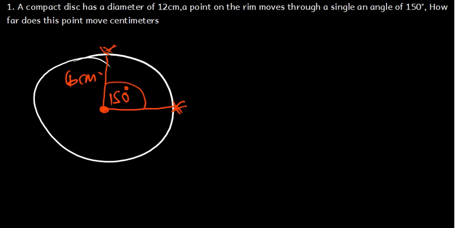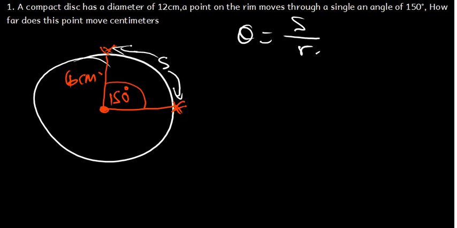Okay, so it's 6 centimeters. Our goal is to find the arc length. That's why the question says how far does this point move in centimeters. So we want to find the arc length. Remember, the angular displacement is given by the arc length divided by the radius.